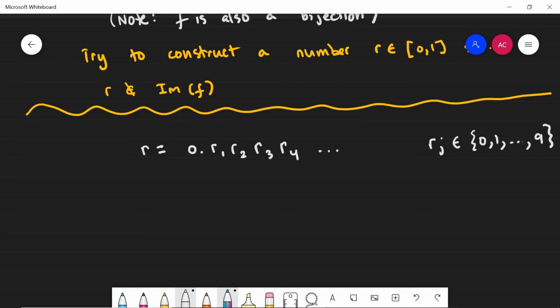Okay, now the way I'm going to define it is as follows. So f is a function from the set of naturals to the interval 0, 1. So f of n for each n has a decimal representation.